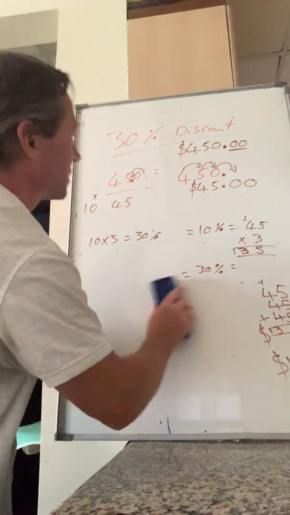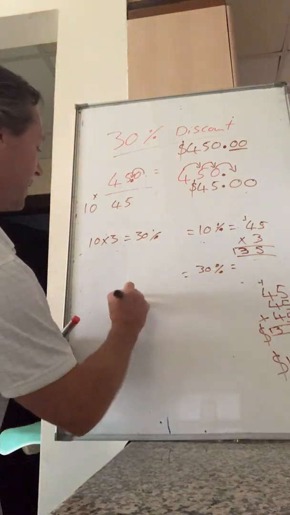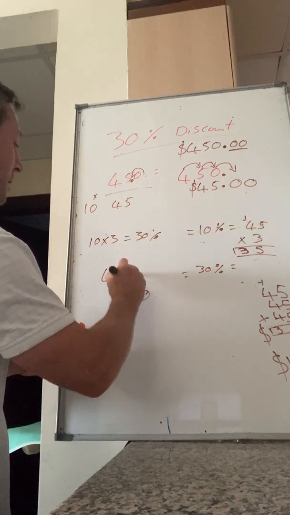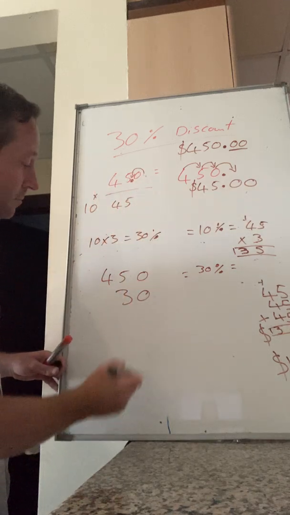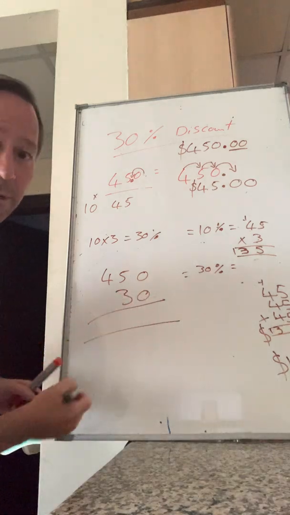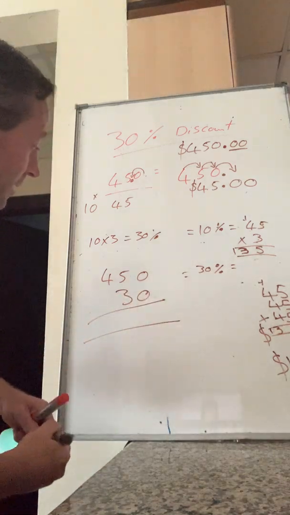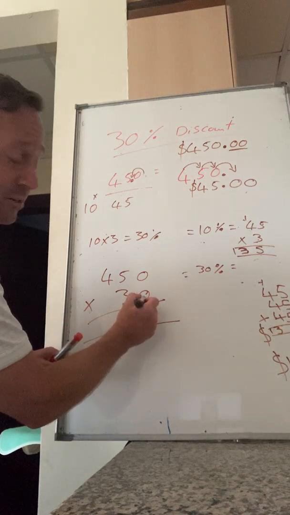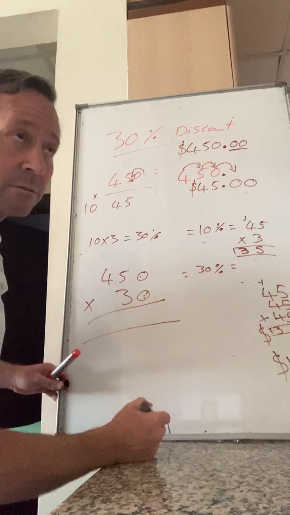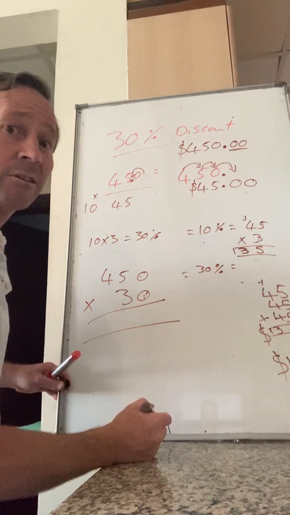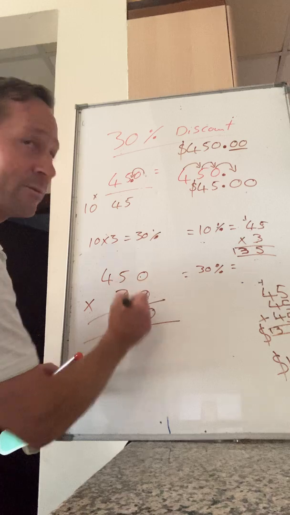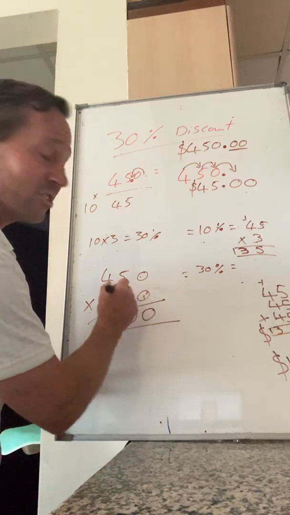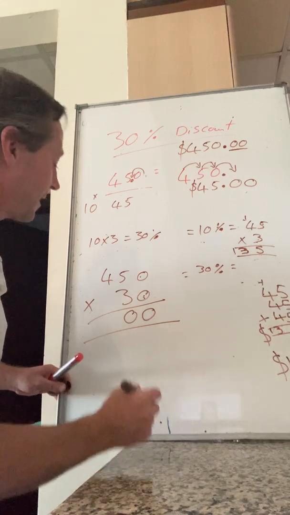One other way you could do this, 30 times 450, you could just multiply it. Now this first one's going to be a waste of time, but we're going to do it anyway, because whenever you multiply something by 0, it's going to be 0. 0 times 0, 0, yeah. 0 times 5, 0, yeah. 0 times 4, nailed it, 0.